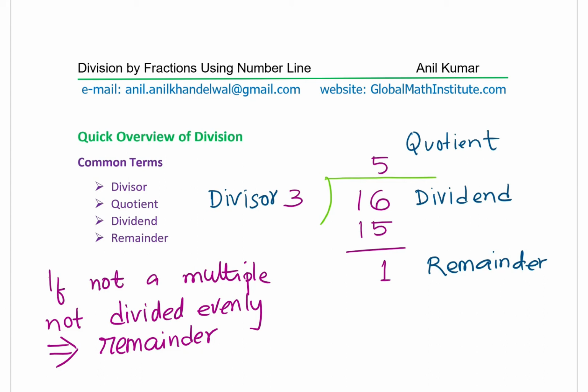Now, it is important at this stage to understand that we can actually write 16 divided by 3 in the form of fractions, right? So that is how the fractions come into place. And we can say this is equal to 5 plus the remainder 1, which we have to still divide by 3. Do you see this part?